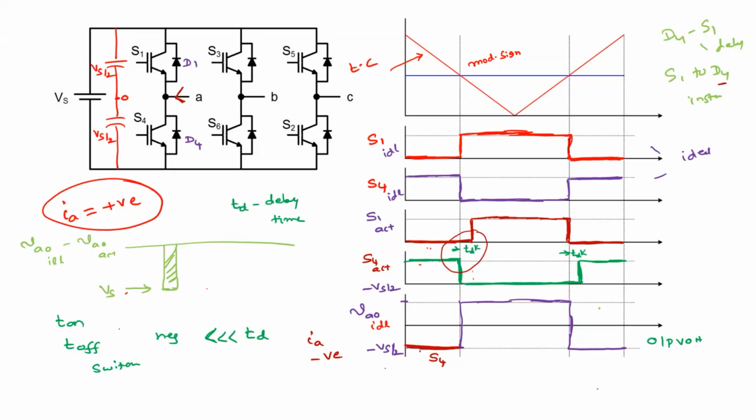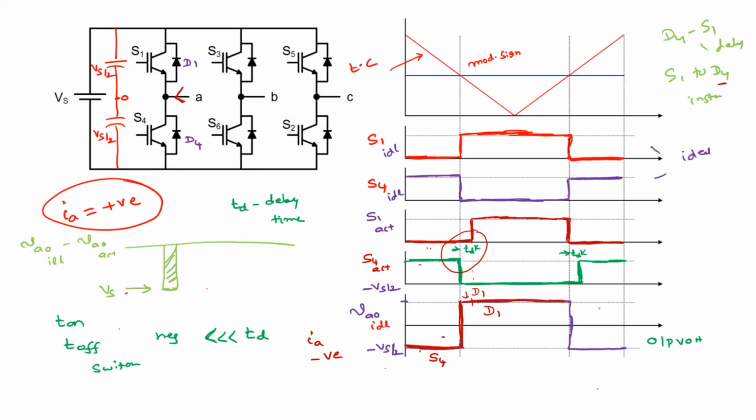We already discussed that diode to switch is delayed, but switch to diode is instantaneous. Here it is switch to diode, the switch is off, so it is instantaneous. Which device is conducting here? D1, agree? During this delay time D1 is in conduction.